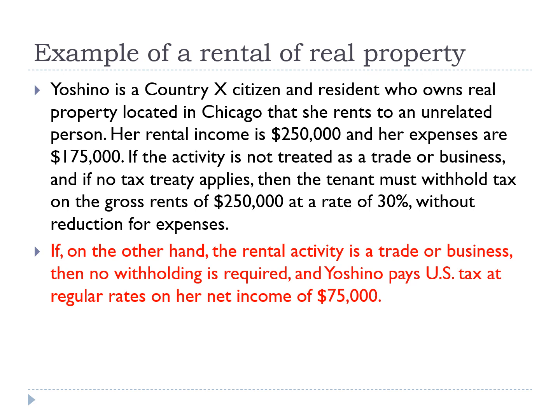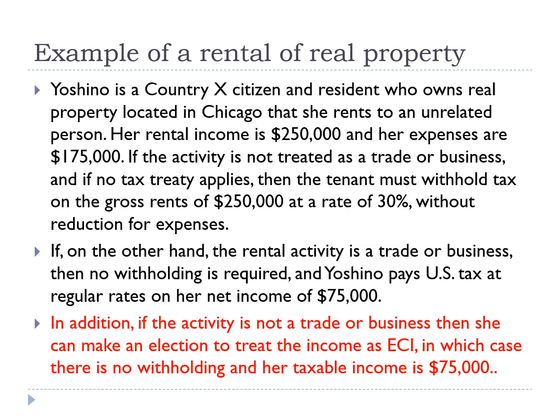If, on the other hand, the rental activity is a trade or business, then no withholding is required, and Yoshino pays U.S. tax at regular rates on her net income of $75,000. In addition, if the activity is not a trade or business, then she can make an election to treat the income as ECI, in which case there is no withholding and her taxable income is $75,000.